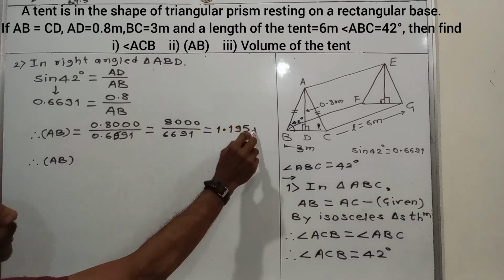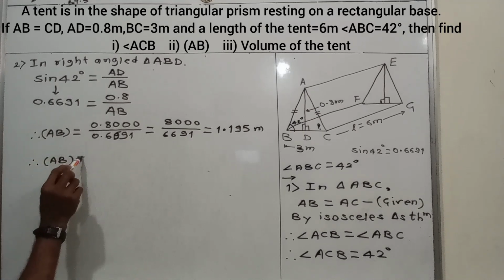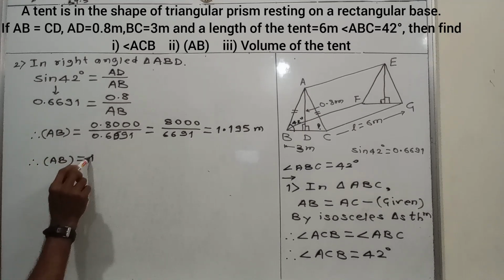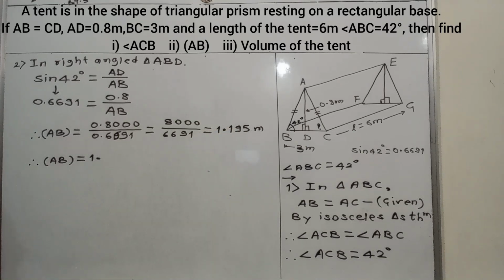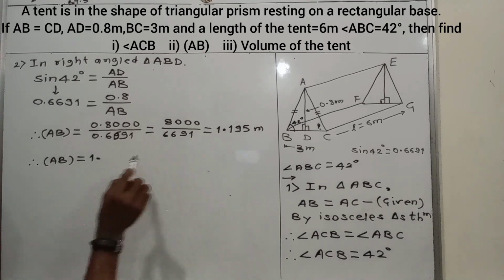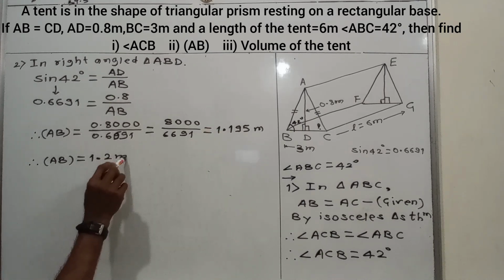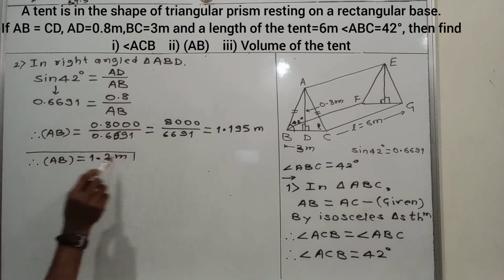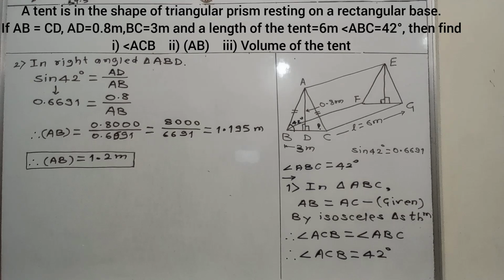So this is our answer, approximately. Now you can keep this answer, or see this is 9, so we add 1 to the previous number, 1 plus 1 is 2. Therefore AB is equal to 1.2 meter.